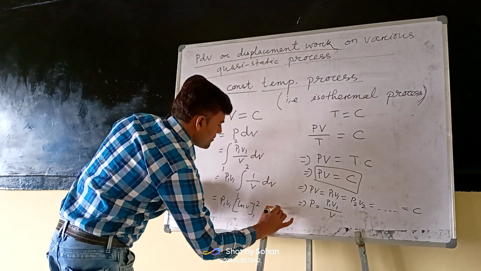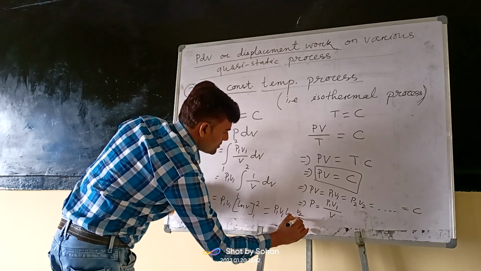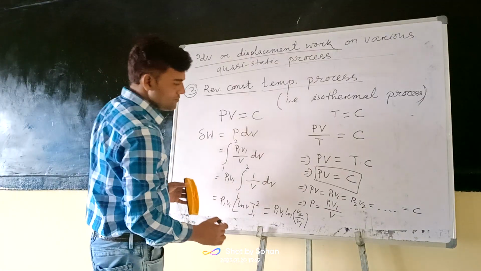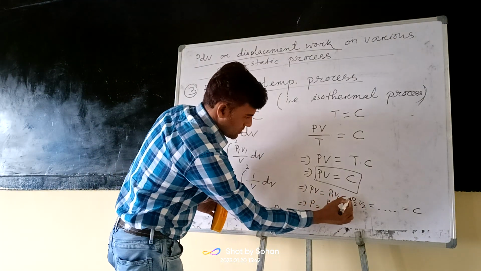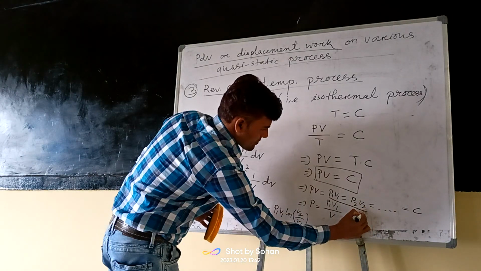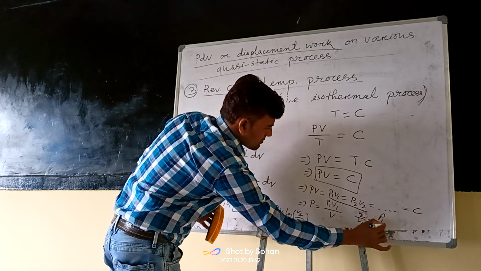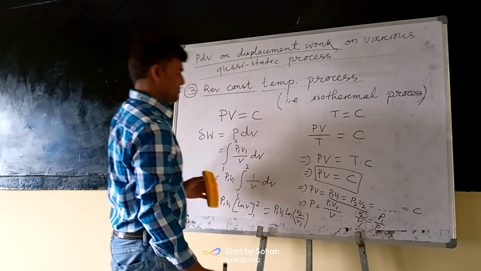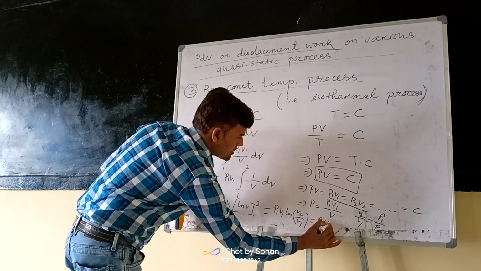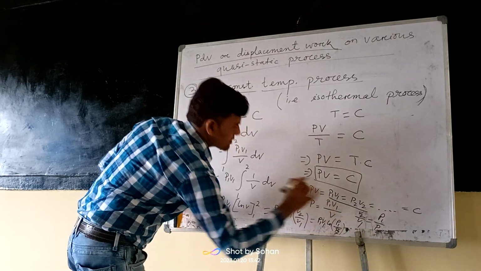So it is P1 V1 ln V2 by V1. From this equation, V2 by V1 equal to P1 by P2. So this equals P1 V1 ln P1 by P2.